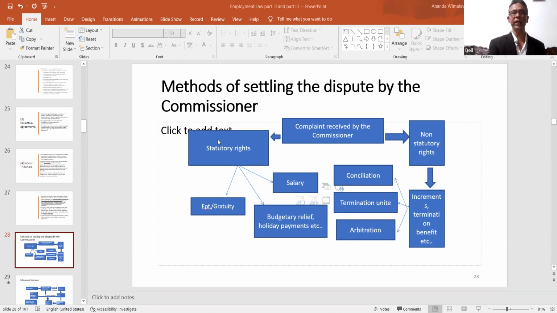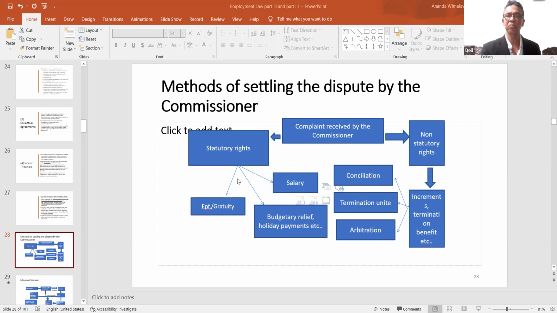Any dispute relating to violation of statutory rights, we can't follow the procedure stipulated in the Industrial Dispute Act, because if it is non-payment of EPF, we have to take action according to the provisions of the EPF Act. If it is non-payment of gratuity, we have to take action according to the provisions stipulated in the Gratuity Act.